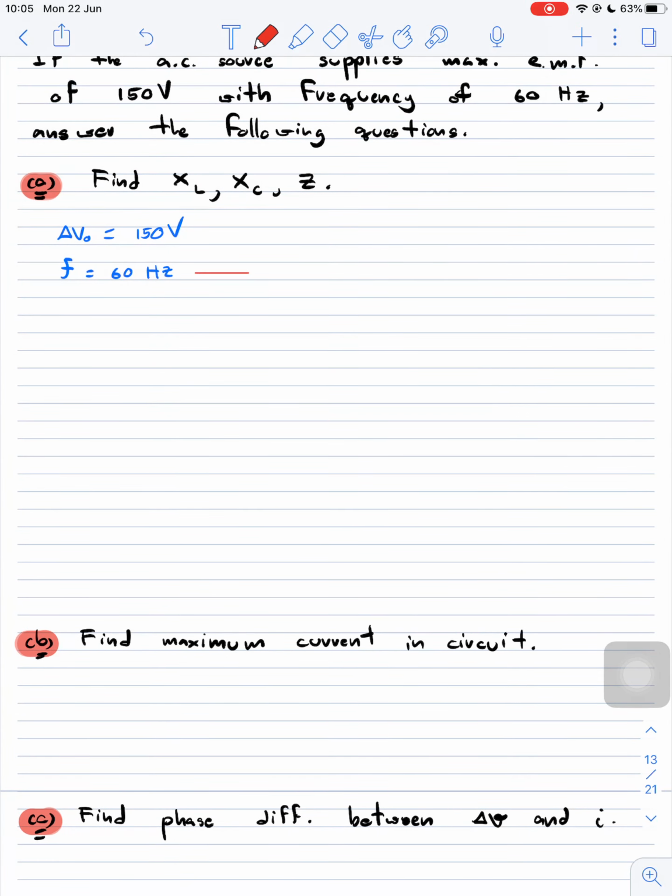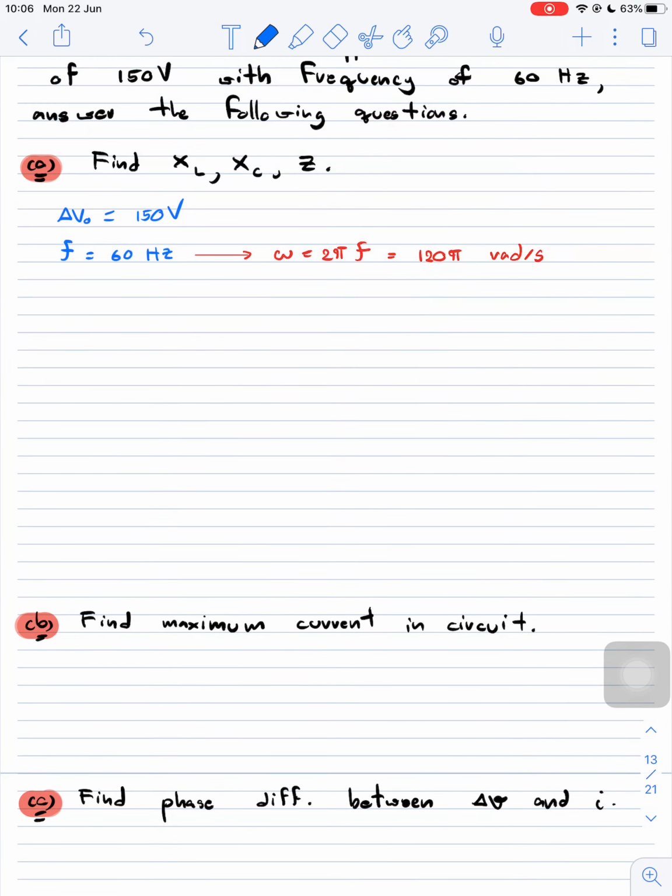The omega is equal to 2 pi times the F, where the frequency is 60 Hz, so it equals 120 pi. Let me give the answer in terms of pi here. Sorry, not Hz, it should be radians per second.